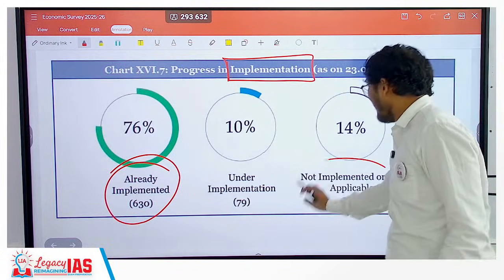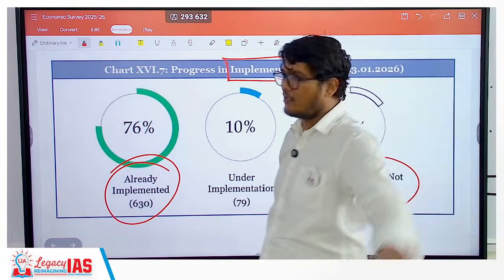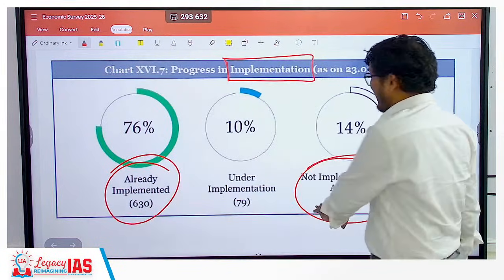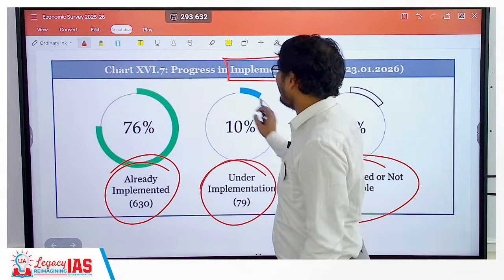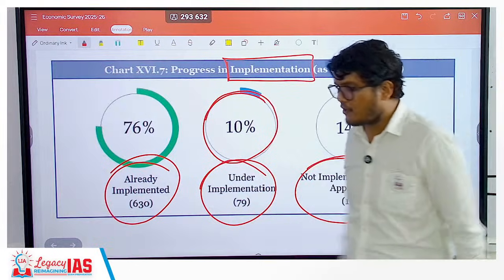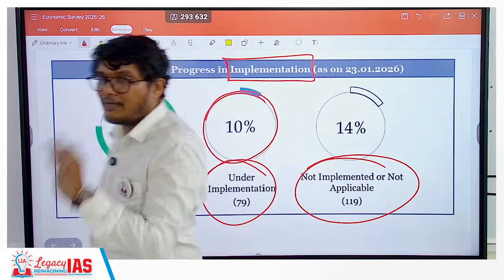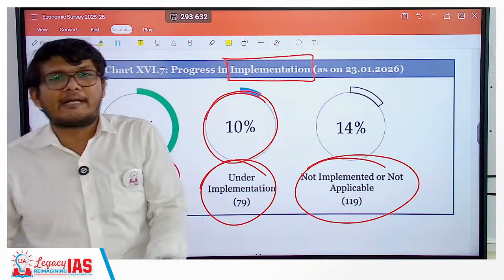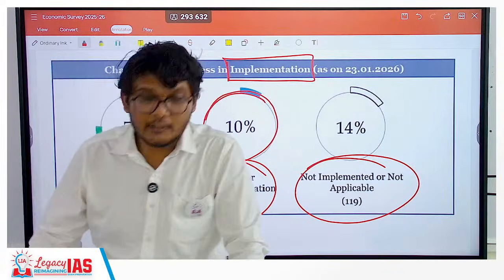There are 119 which may not be applicable to certain regions of the states because of special status or any other reason. But there are still 79 reforms, that is around 10%, which are still under implementation. So this is also a good number because the majority of it has been implemented and only a few are left, which will again be implemented, and we will still keep on coming with new reforms.